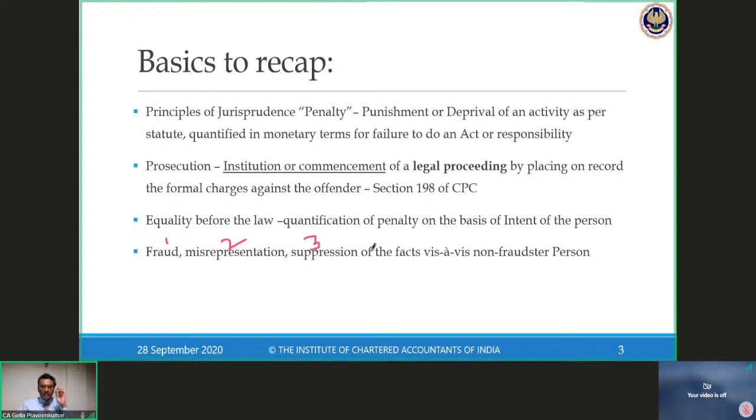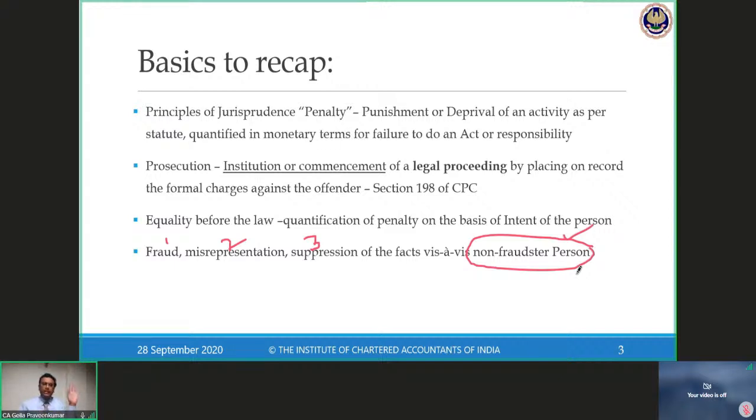Now, it is all there in the hands of you as a professional to establish that the assessee is not a fraudster person. How best we become the advocate of the client, how best we get into the situation, we guide, we coach, we encourage healthier practices in the business of the assessee, wherein we give attention to establish this particular element called: I am a non-fraudster person.